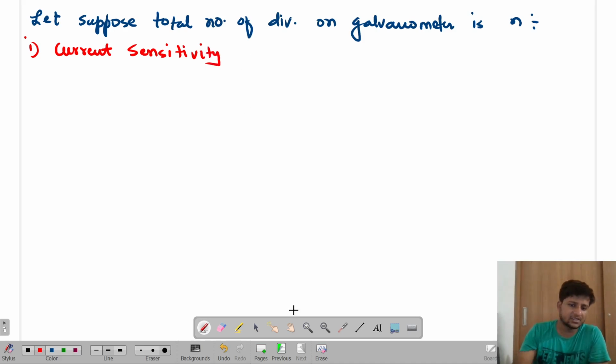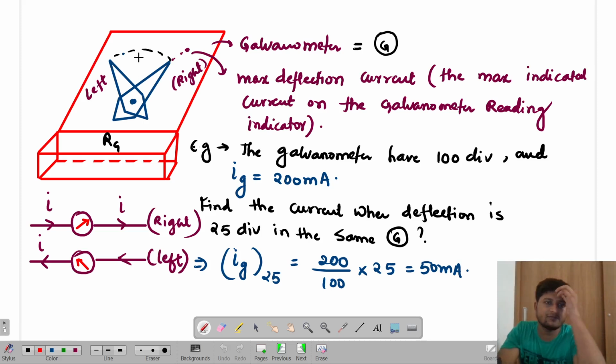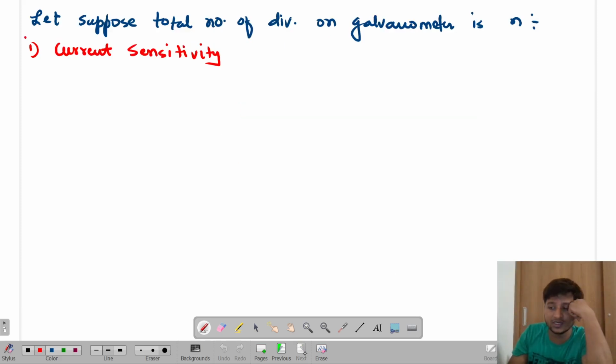Then we define one physical quantity which we call current sensitivity. Look over here, every deflection is sensing some current. I'm treating the galvanometer like a human device that is sensing current. So if every deflection senses some current, we can define current sensitivity, that for how many deflections there are, how much current.